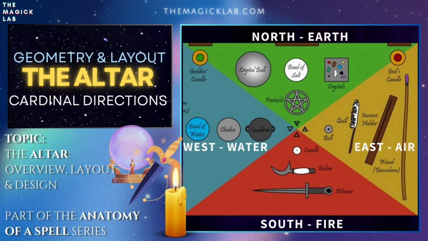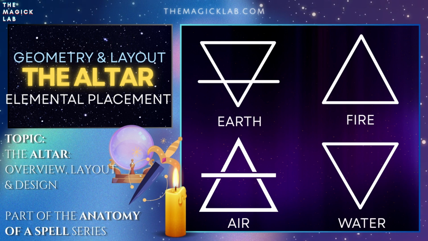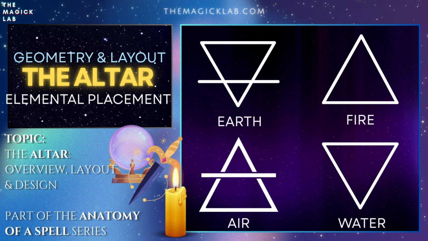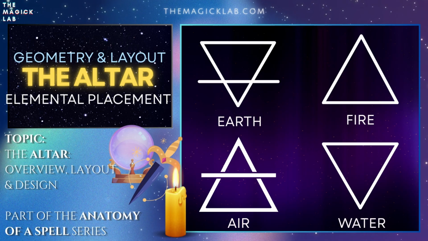Now, similar to using the cardinal directions to place tools and materials, would be to consider elemental placement. So when you're thinking of elemental placement, you're going to want to divide up your tools into the different concepts of earth, air, fire, and water. Earth being grounding and stability, air being thought, inspiration, intuition, and language, fire being will, action, ignition, destruction, transformation, and water being about emotions, healings, the subconscious, flow.